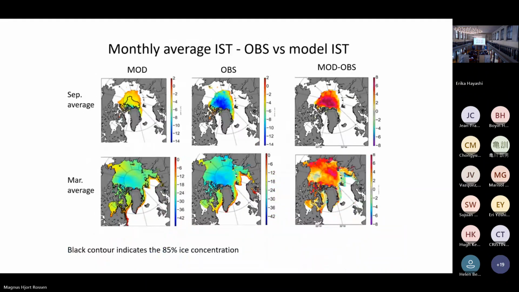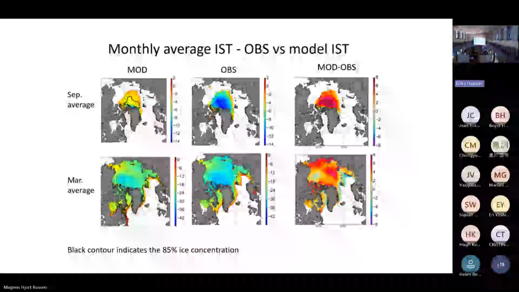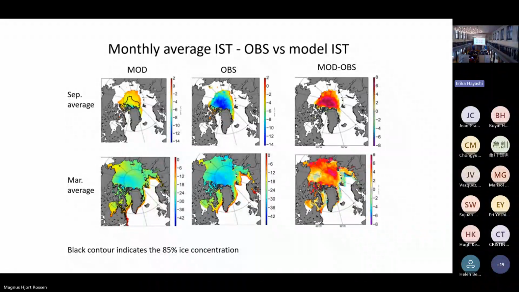So what happened here? Here I'm looking at the model and the observed ice surface temperatures or snow surface temperatures, and it's very clear that the temperatures in both September and March are much colder in the observation, and that is reflected very well by the surface temperature of ERA5, which is forcing the system.